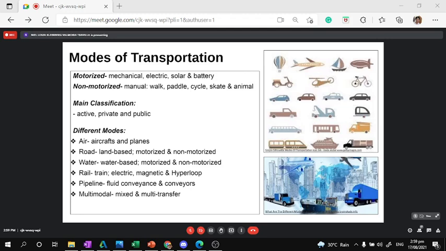Okay. The main classification of mode of transport is active, private, and public. Active would all be those non-motorized. Bicyclists, pedestrians, cyclists, skaters, and so forth. Those pulled by animals, carts driven, or a person pulling. In China, they have rickshaw.